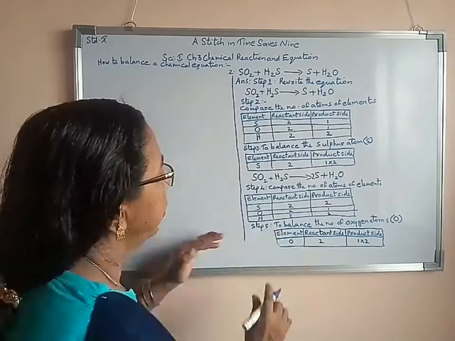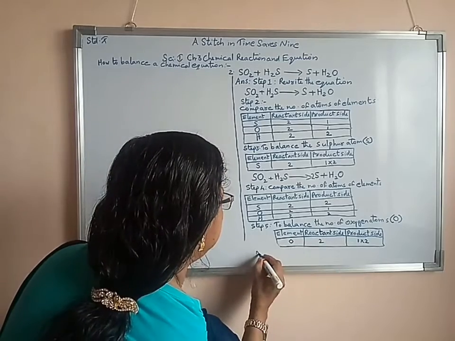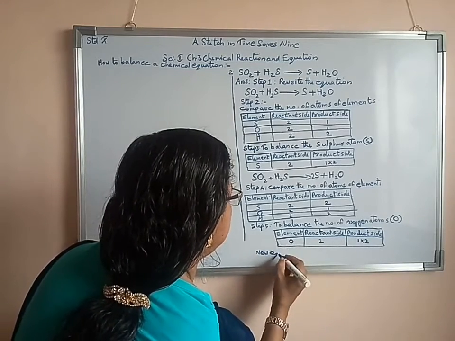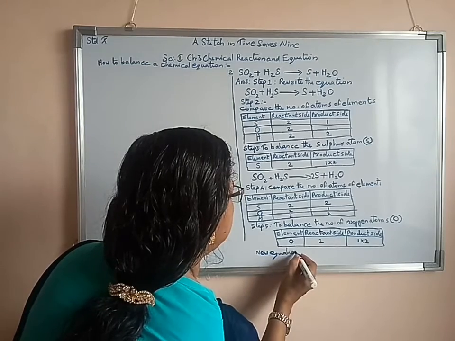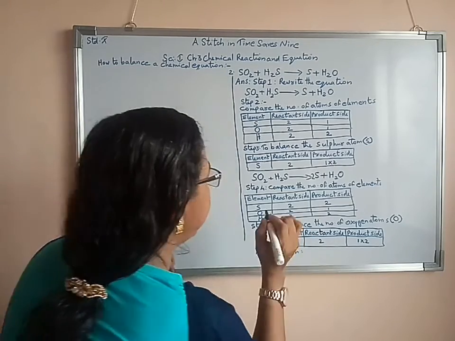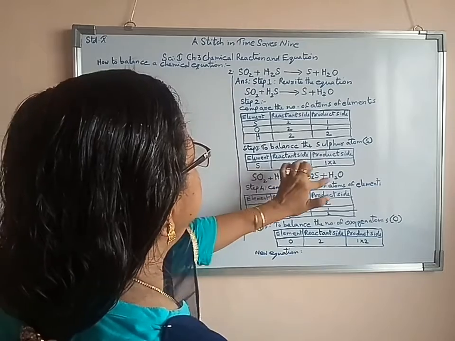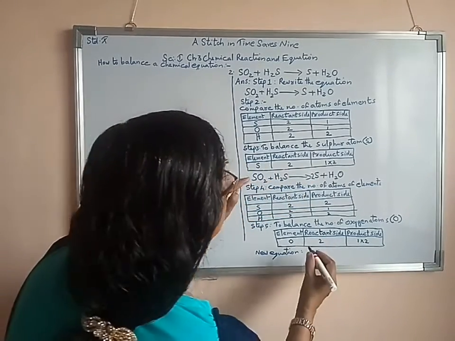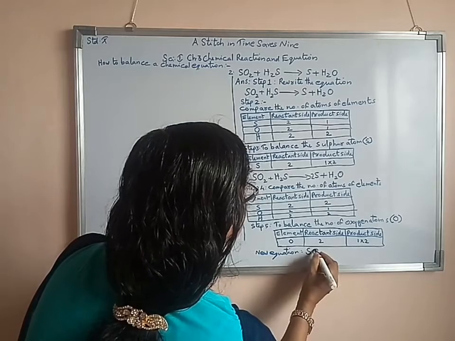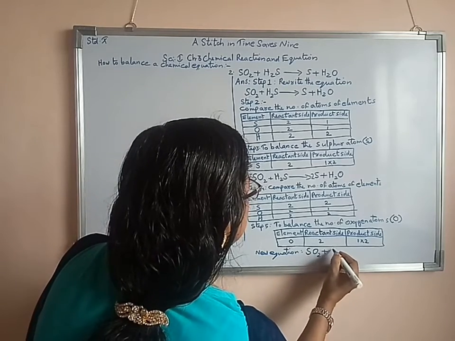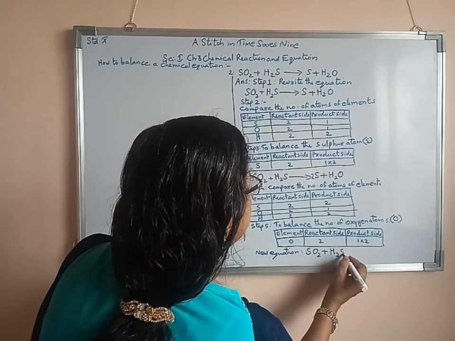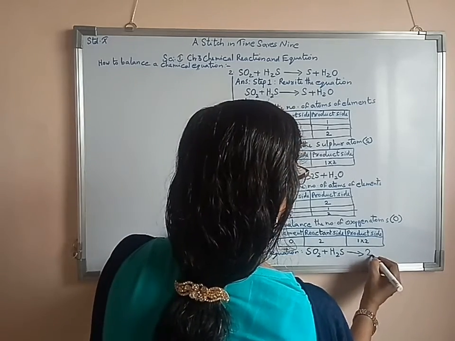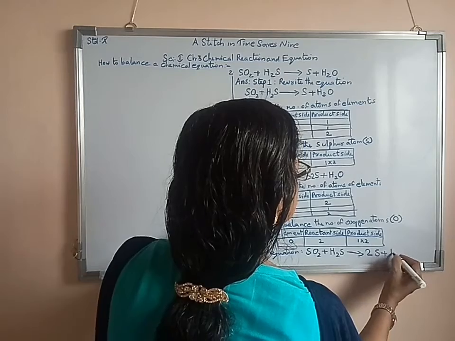Now again new equation. Same equation we have to copy, afterwards the changed one we have to do. That is SO2 plus H2S gives rise to 2S plus H2O.